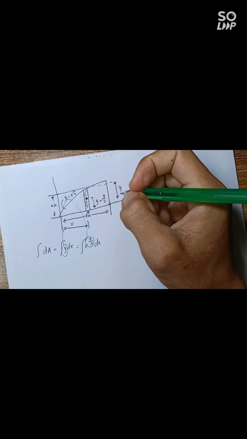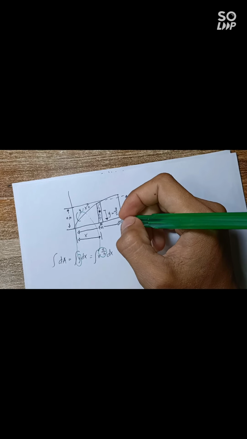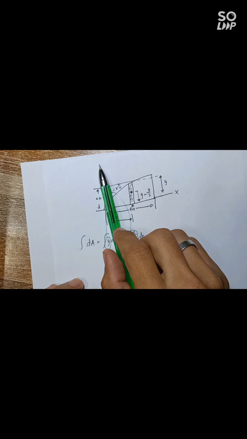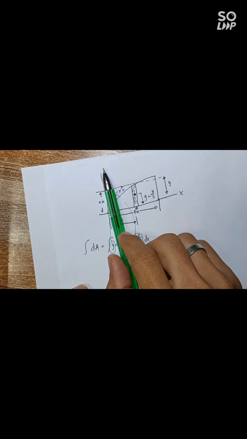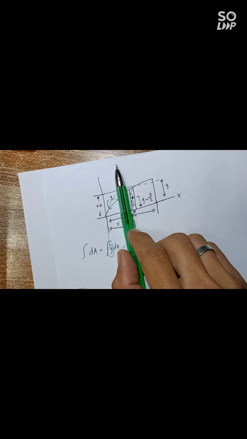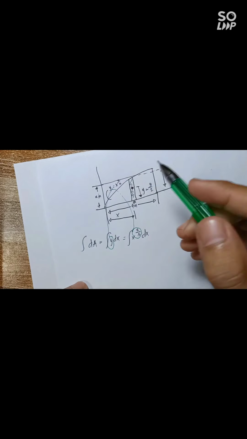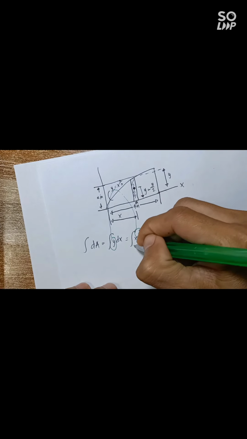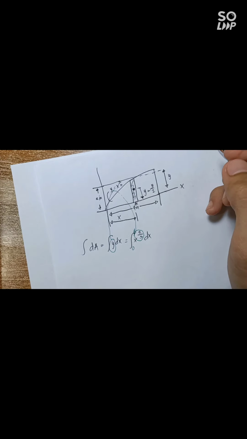The next thing to do is to decide the integration domain for this equation. Since we are using the vertical rectangle, it goes all the way up till the end. That's why our integration domain will be 0 to 4. So let's solve it carefully.